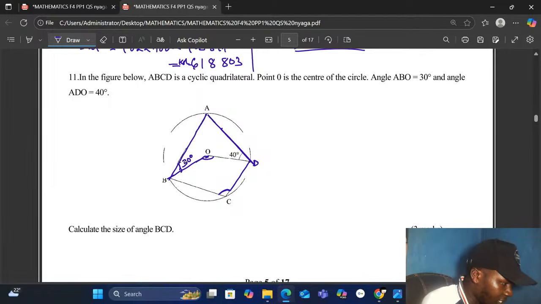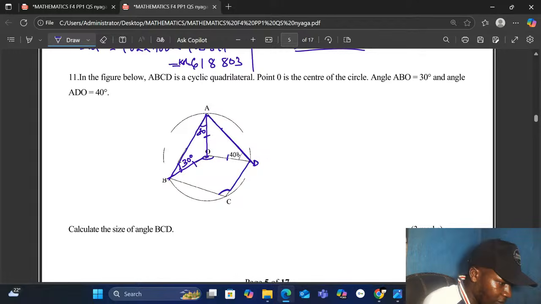We have this 30. We construct that line, so that if this is 30, you know this is the radius, so it is equal. So if this is 30, that means this is 30, right?